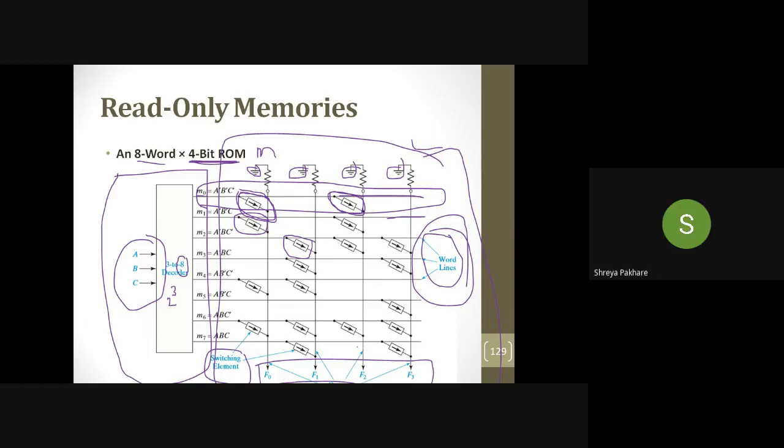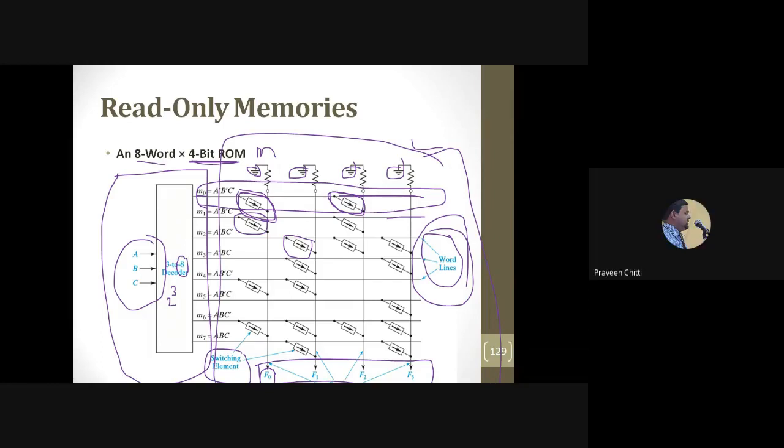If this is the content, what are the functions implemented? Wherever there is a connection, that is stored. So what will be the F0 expression? F0 will be this or this or this or this, or in canonical SOP form, I can write F0 as sigma m 0, 1, 4, 6.